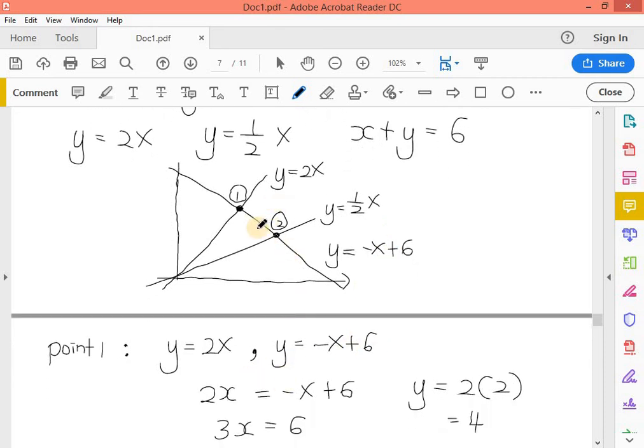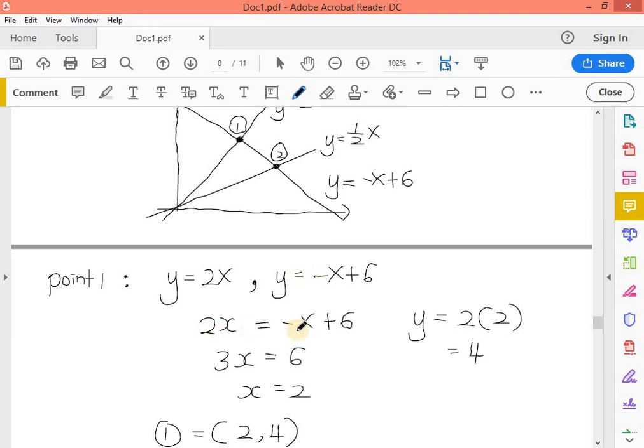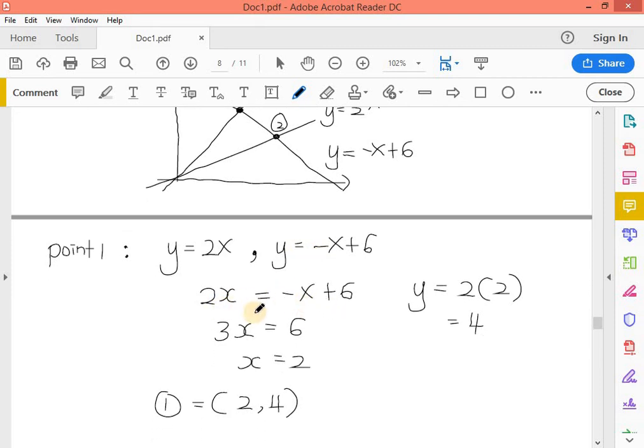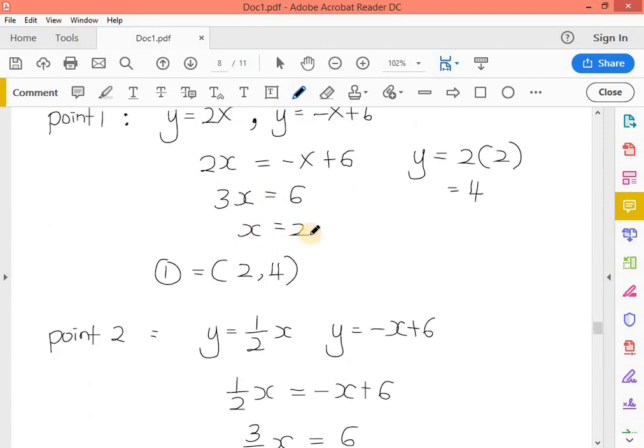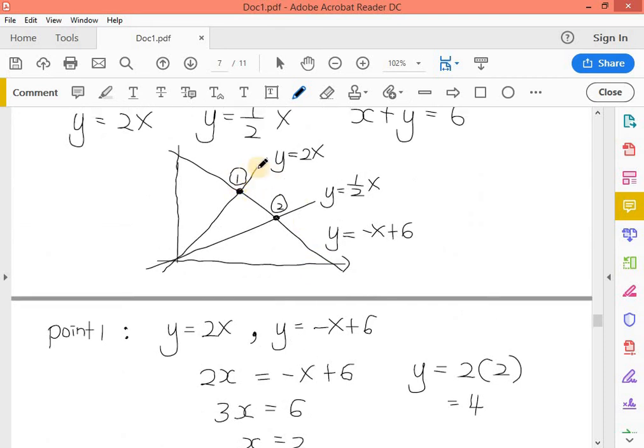Because here is y, here is also y, you put them together. Then you find out what x is. After you get your x, you replace it into one of the equations. Any of them will give you the same answer. So this is how you perform the simultaneous equations in order to find the intersection point between two lines.